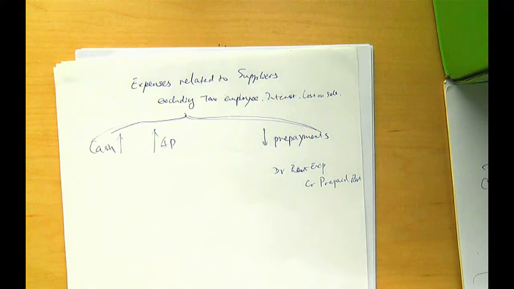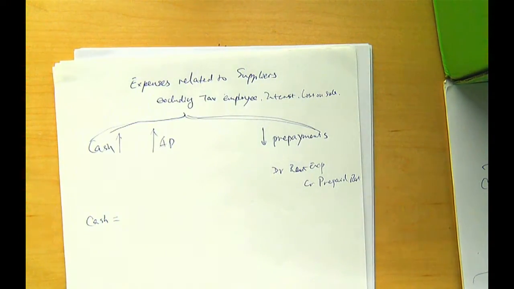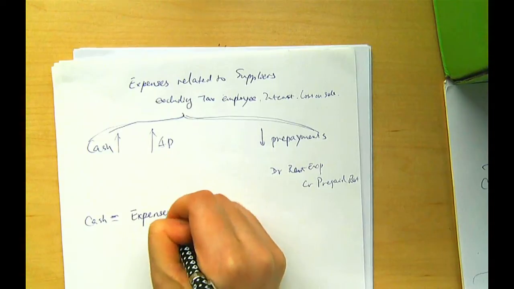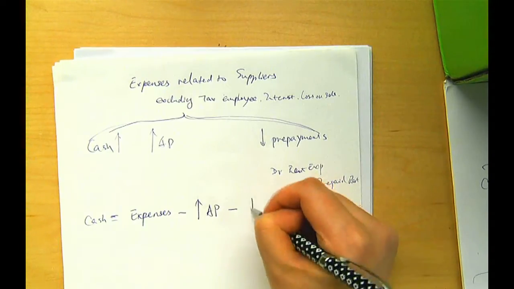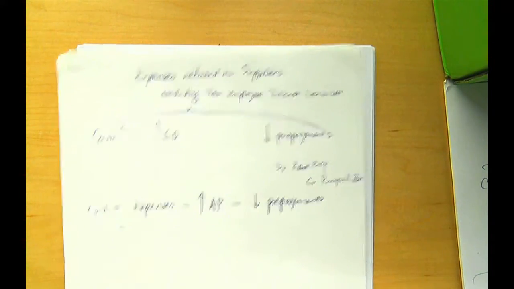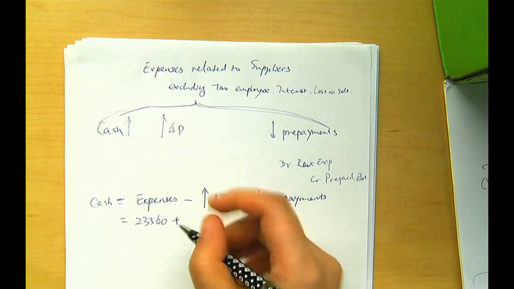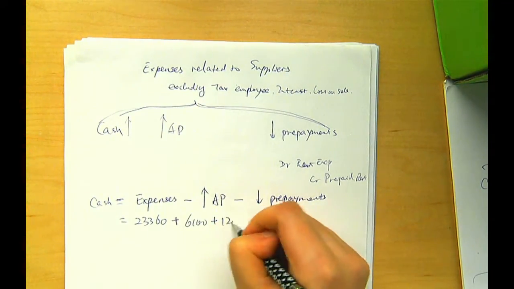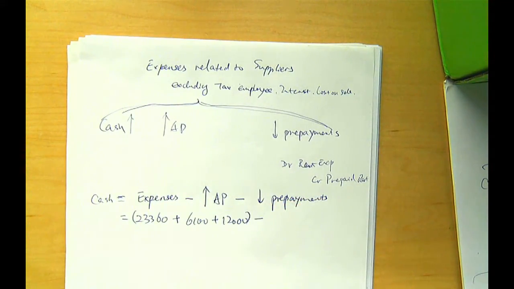So the changes in cash, or the cash paid to suppliers, is equal to the expenses minus increase in accounts payable minus decrease in prepayments. And the expenses we have here are the cleaning expenses plus electricity plus rent expense. Okay, that's all the expenses. What about our accounts payable?